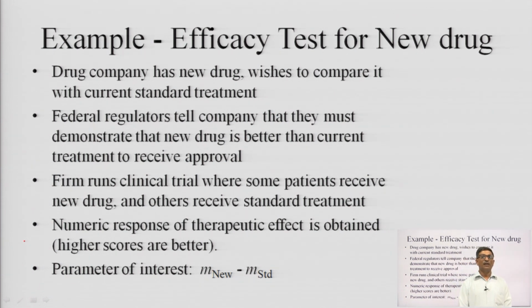So, for this the firm runs a clinical trial where some patients receive the new drug and others receive the standard treatment. That means they make two groups of subjects, and for one group during the clinical trial they give the new drug, and for the second group they give the standard treatment, and the variable is the response of the therapeutic effect.